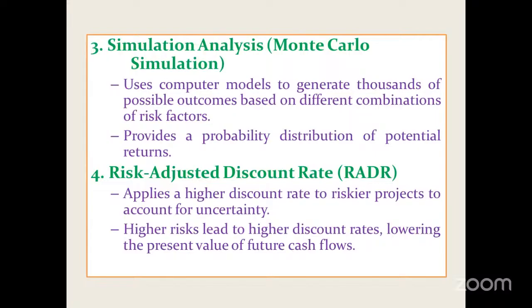That is required. If something is not at a risky level, then it should be considered. Sometimes the company also has uncertainty. So to account for uncertainty, the RADR, the risk adjusted discount rate, will be applied at a higher discount rate.